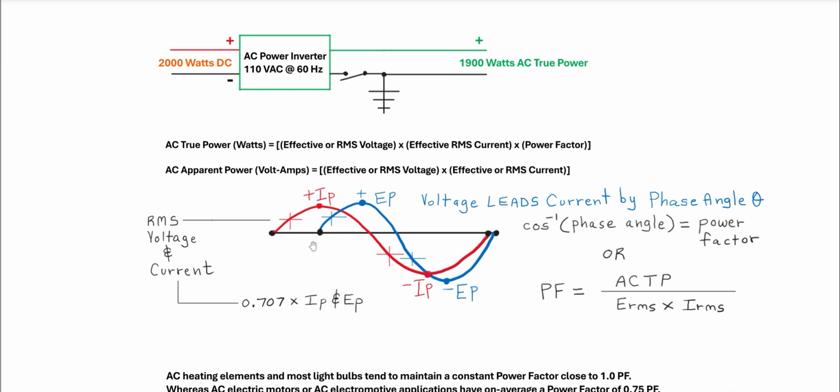And it also works like that with the current as well, the peak current, the peak voltage. So we have I representing current and E representing voltage, and so I sub P and E sub P are the peak current and voltage values, but the 0.707 is what you actually get for effective or practical usable voltage and current.